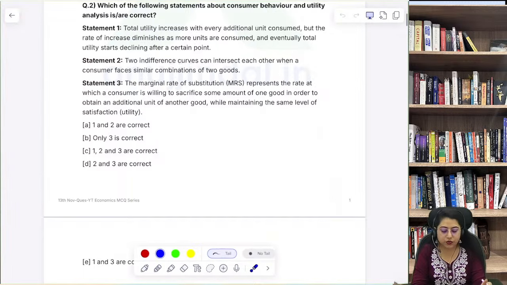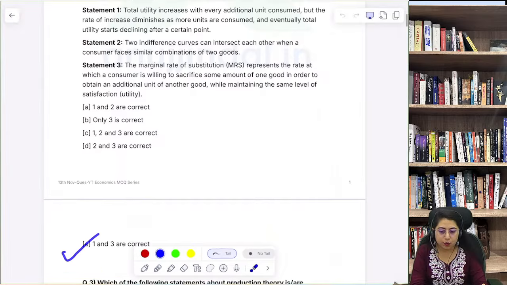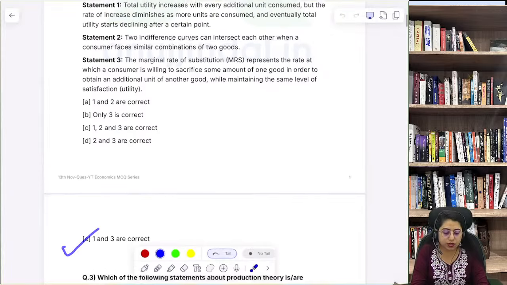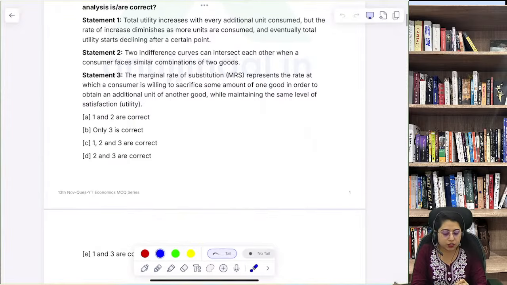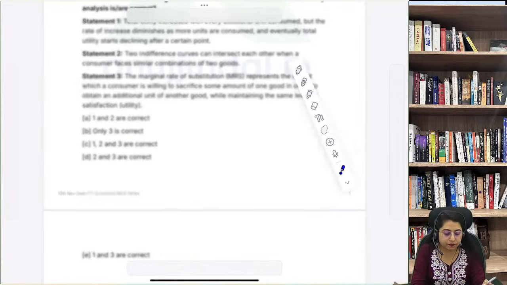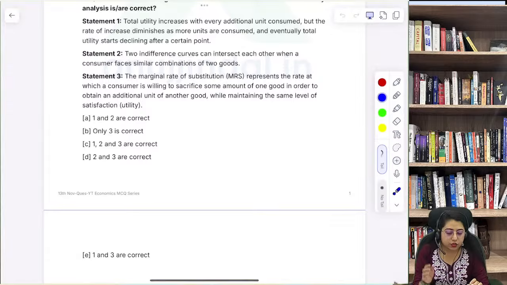Yes, Lahiri is right. The right answer is E. 1 and 3 are correct and 2 is incorrect, because two indifference curves can never intersect each other when a consumer faces a similar combination of two goods. This is correct: the total utility increases with every additional unit consumed, but the rate of increase diminishes as more units are consumed, and eventually total utility starts declining after a certain point. ये हमने कल भी पढ़ा था.